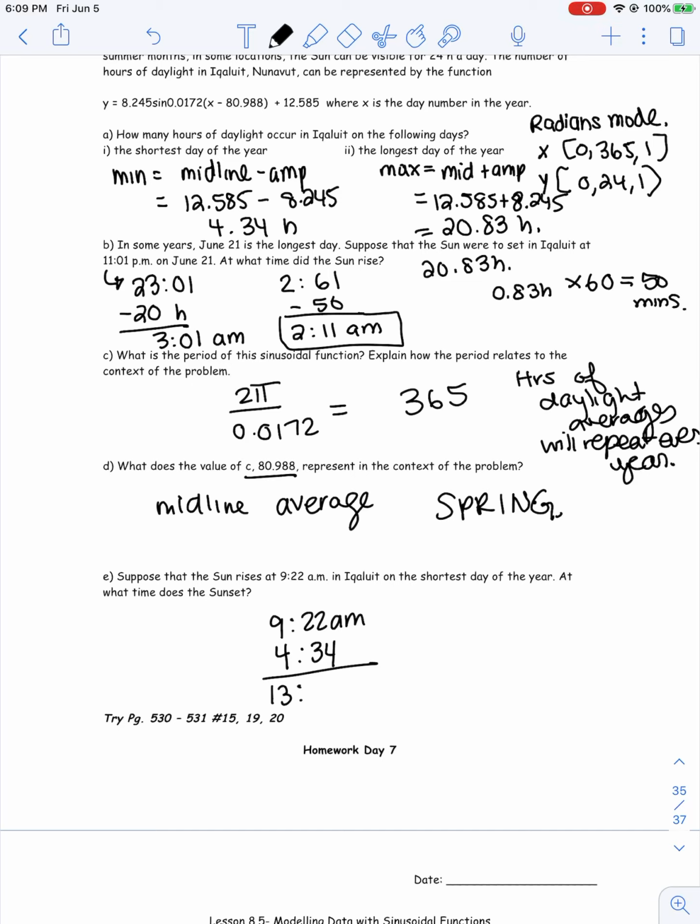And then 22 plus 34 equals, oh, actually, we need to convert this 0.34 to minutes first by multiplying by 60. That's going to give us 20 minutes.